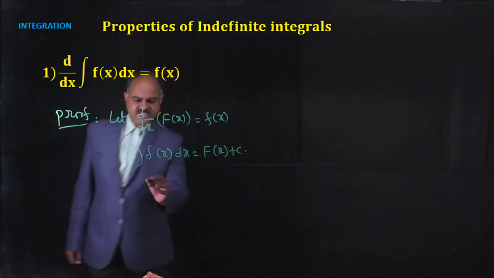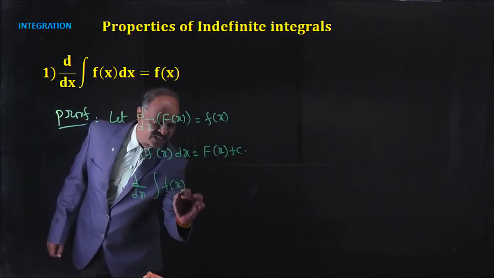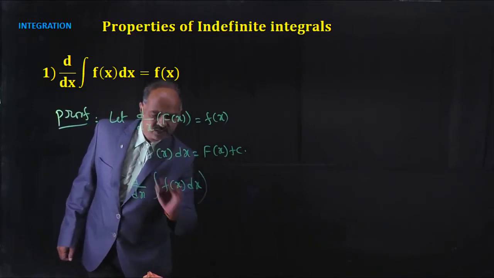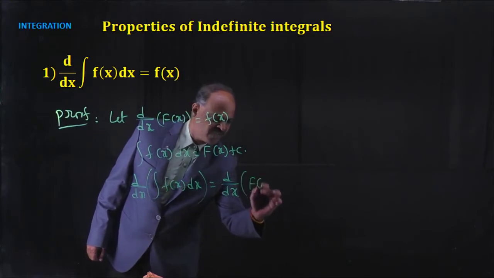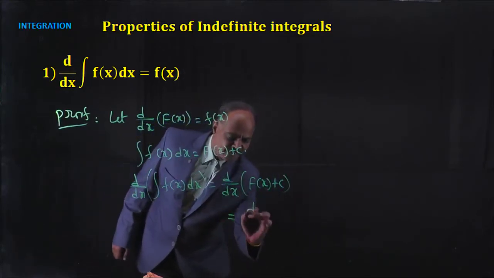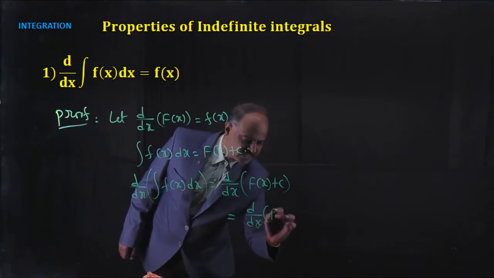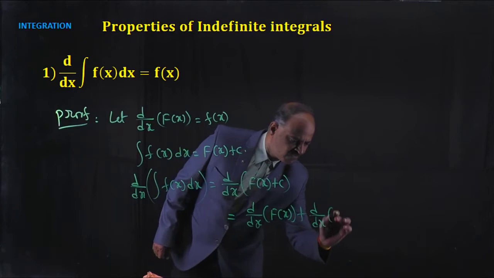Now differentiate on both sides. d by dx of integral f of x dx equals d by dx of F of x plus c, which equals d by dx of F of x plus d by dx of constant.